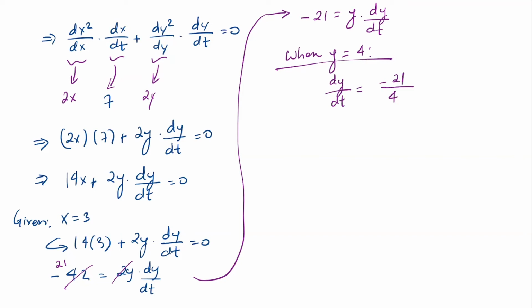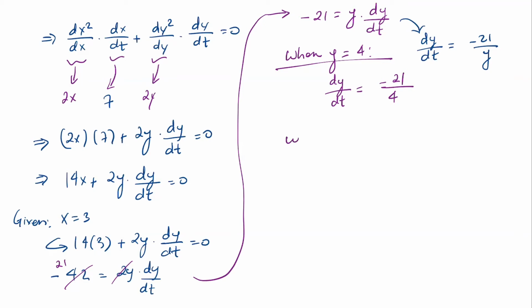And how do I get this? Well, if we simplify, it will be dy over dt equals negative 21 over y. If we have a positive value for y, which is 4, the value for dy over dt will be negative 21 over 4.